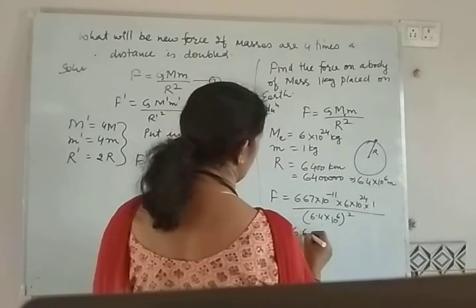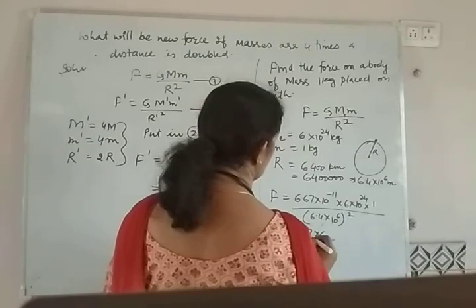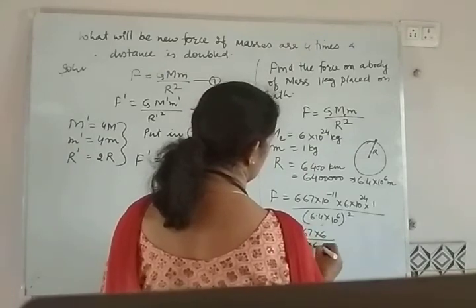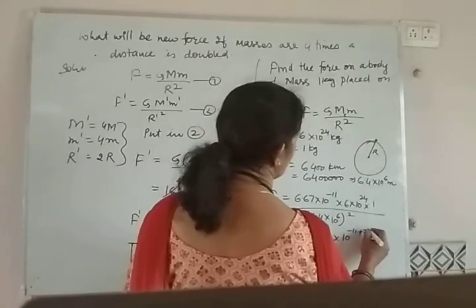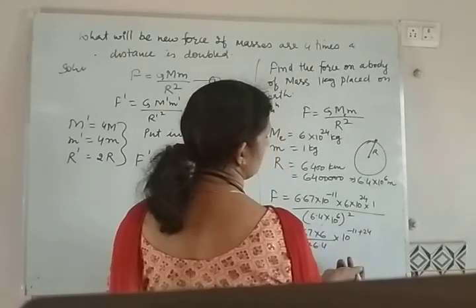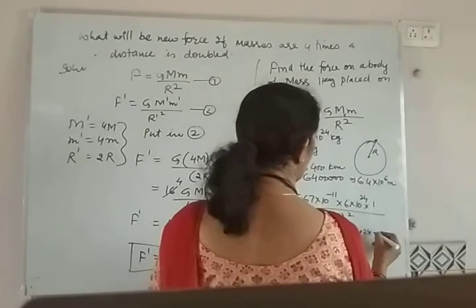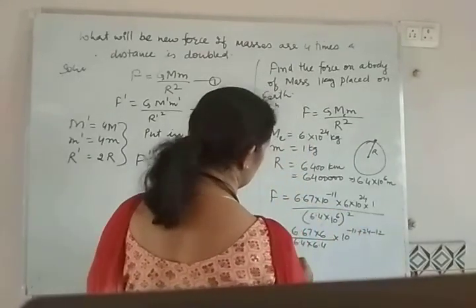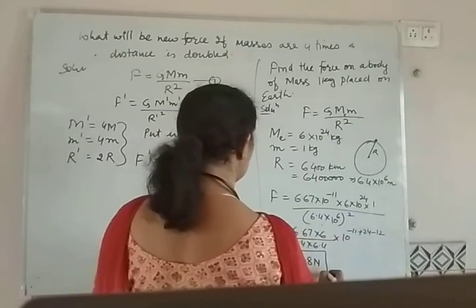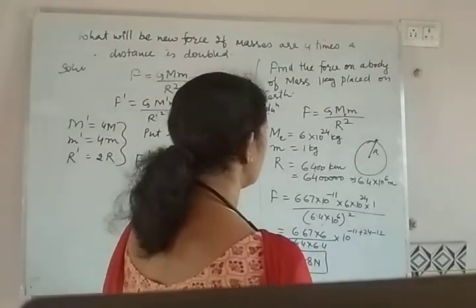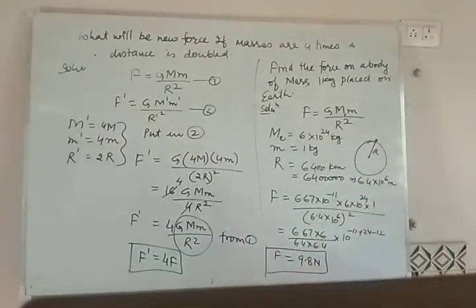Take the numerical values one side: 6.67 into 6 divided by 6.4 into 6.4, and powers of 10 are minus 11 plus 24 minus 12. So this value comes out to be 9.8 Newton. So this is the force exerted by Earth on a body of mass 1 kilogram. Note down these points.